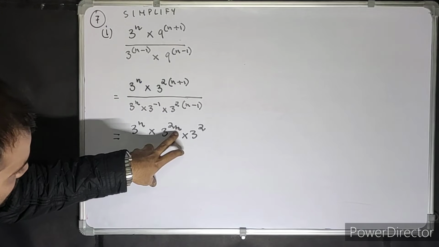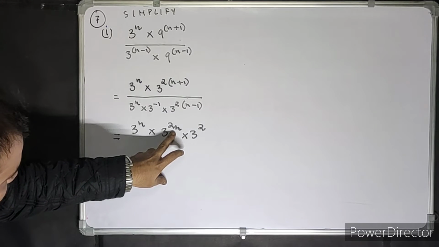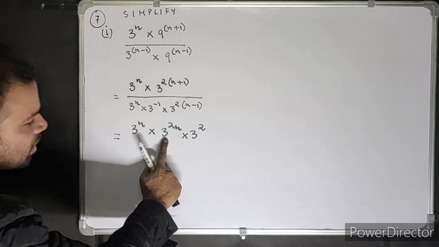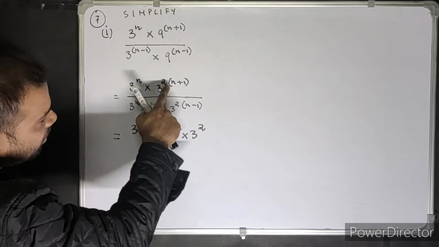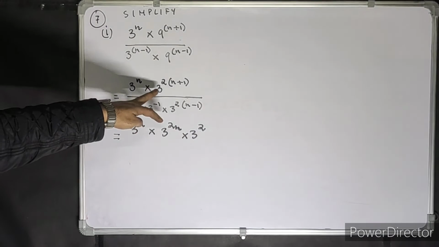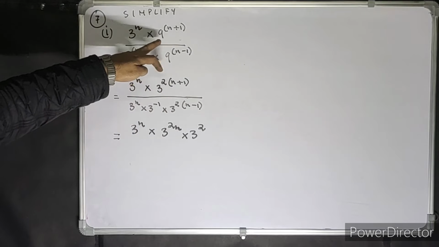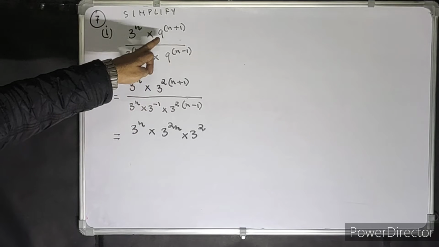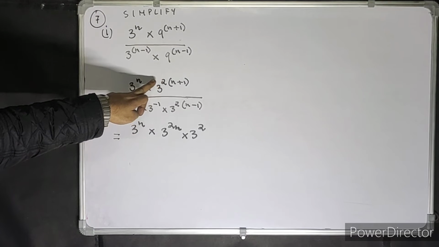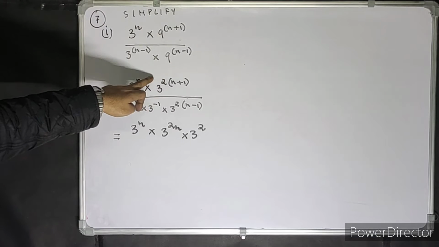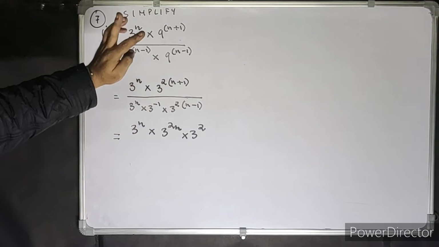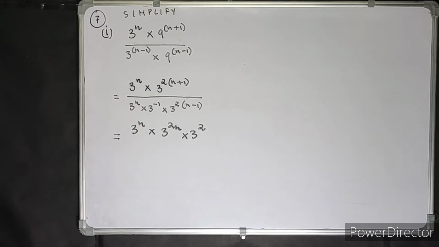See, 3 to the power 2n into 3 to the power 2 is 3 to the power 2n plus 2. Same bases multiplied, powers are added. 9 is 3 to the power 2. 9 to the power n, from here we came here. 3 square is 9. So that's 2n plus 2. Here 3 to the power 2n minus 1.